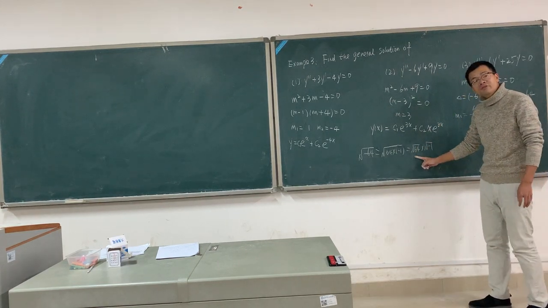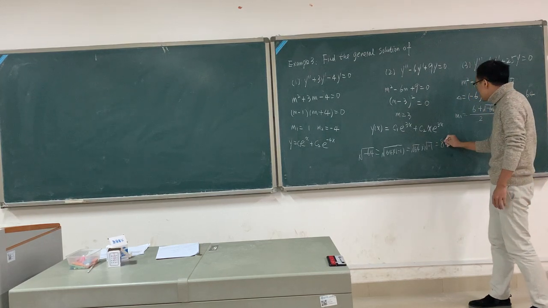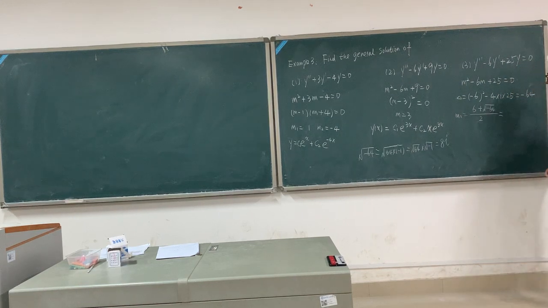The square root of 64 is 8, the square root of minus 1 is i. So 8i, okay? So the result should be (6 plus 8i) by 2, so the result is 3 plus 4i.